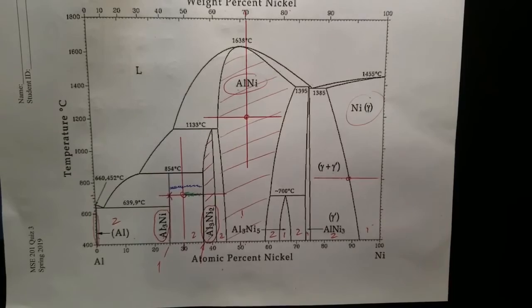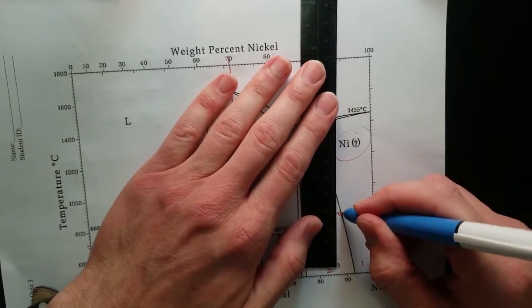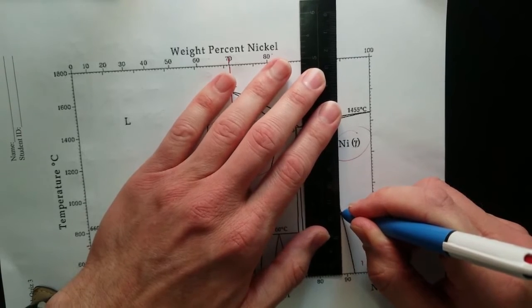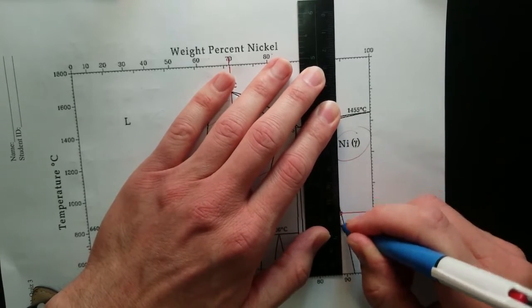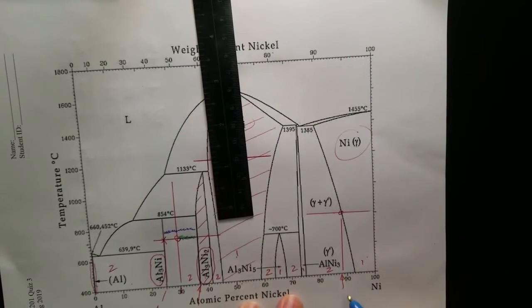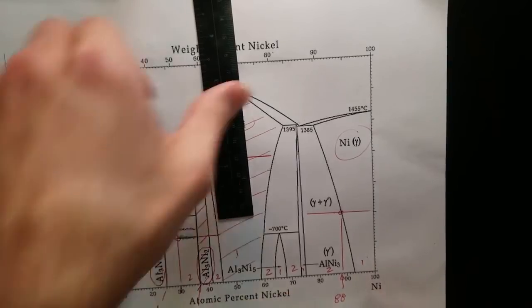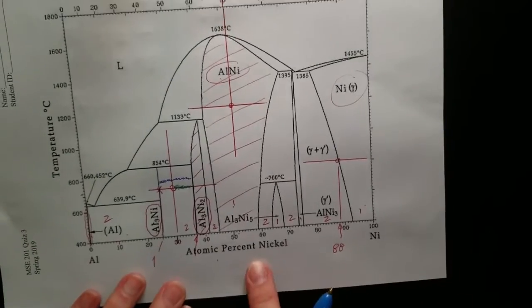So that solubility limit is right there, which looks like about 88. So that's 88% nickel.